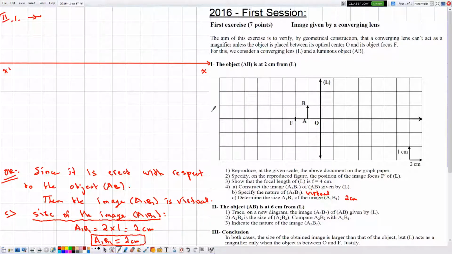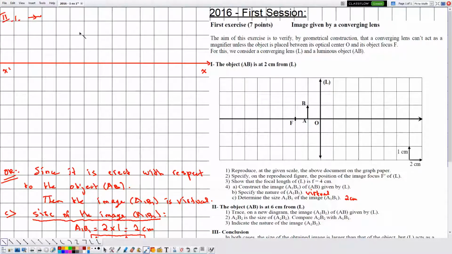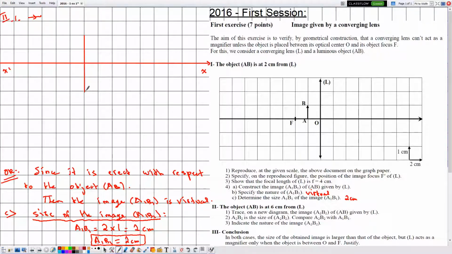And now let's place the lens L perpendicular to the optical axis at the center. And the intersection between the lens L and the optical axis is the optical center O. The scale is given by 2 centimeters along the x-axis and 1 centimeter along the y-axis.